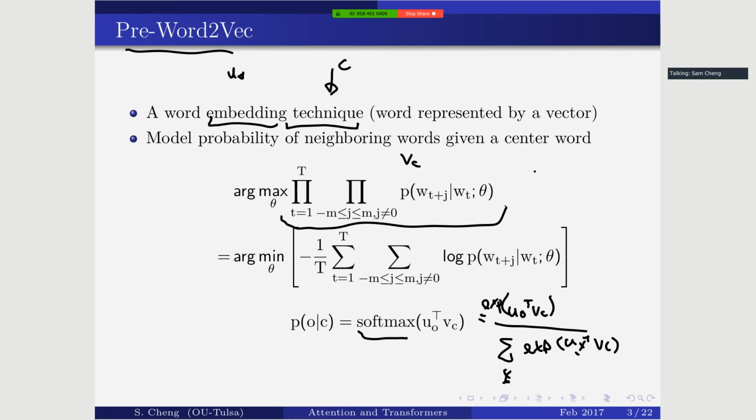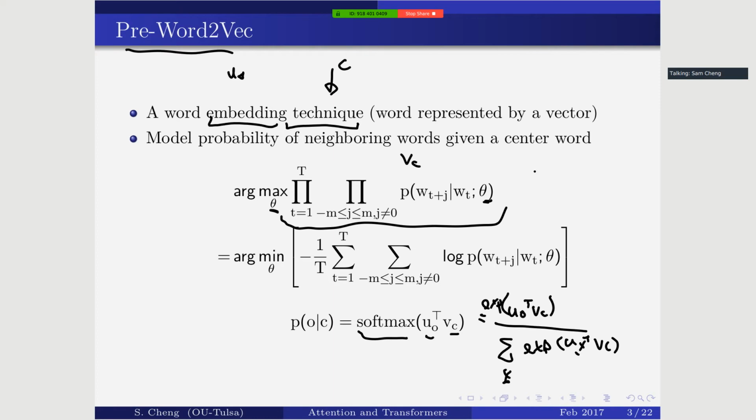By the way, I'm writing a lot assuming you will catch it immediately. This theta here is basically all the parameters, and the parameters in this case are just UO and VC here.